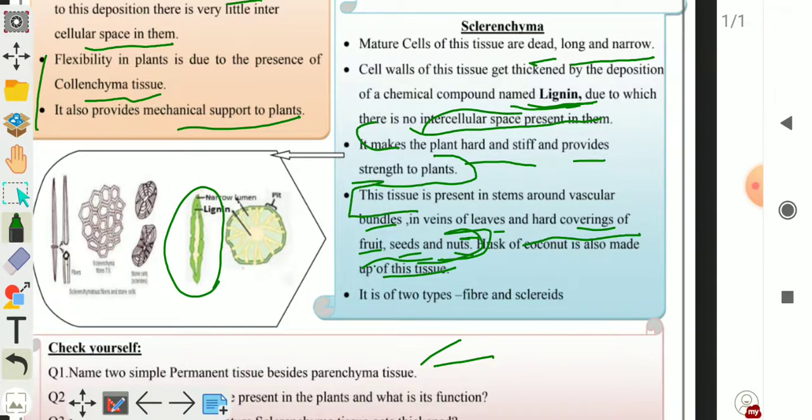And what is the function of sclerenchyma tissue? It makes the plant hard and stiff and provides strength to plant.